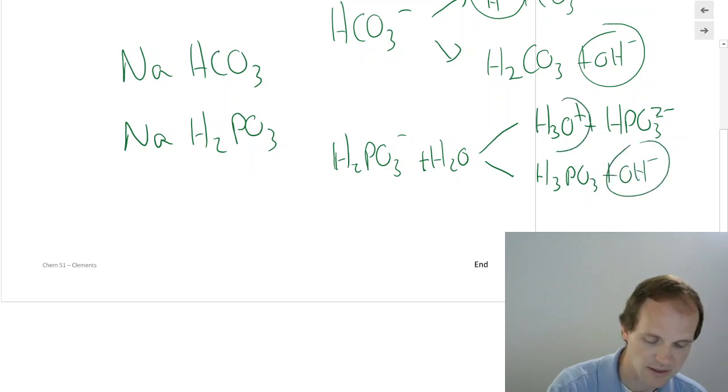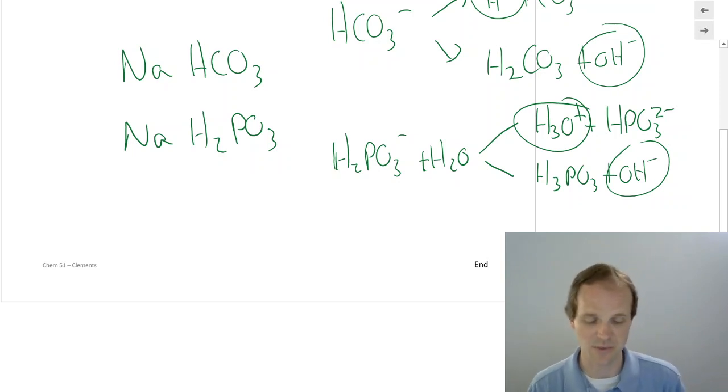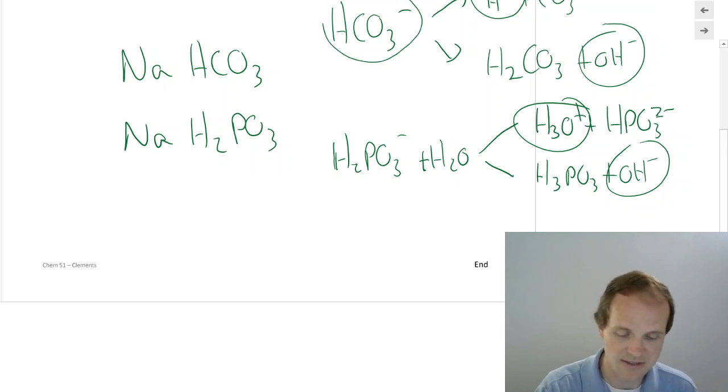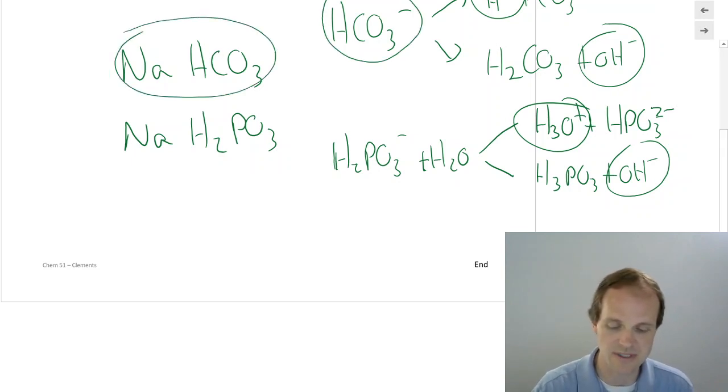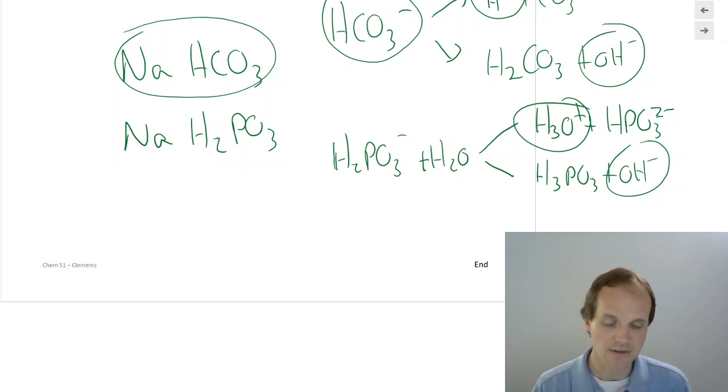So again, we have two different pathways, one of which looks acidic and one of which looks basic. And again, hopefully we got to knowing these ions are here by knowing our solubility rules, saying sodium is always soluble, so we're going to get sodium and we're going to get the bicarbonate ion.